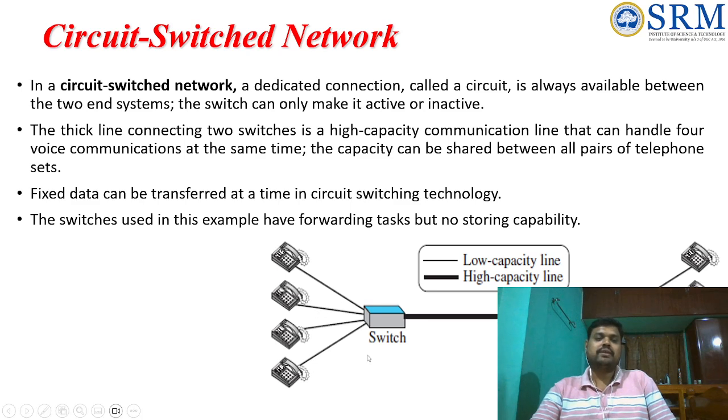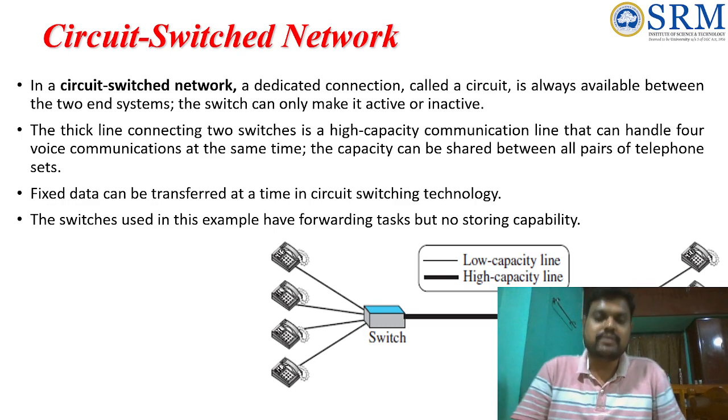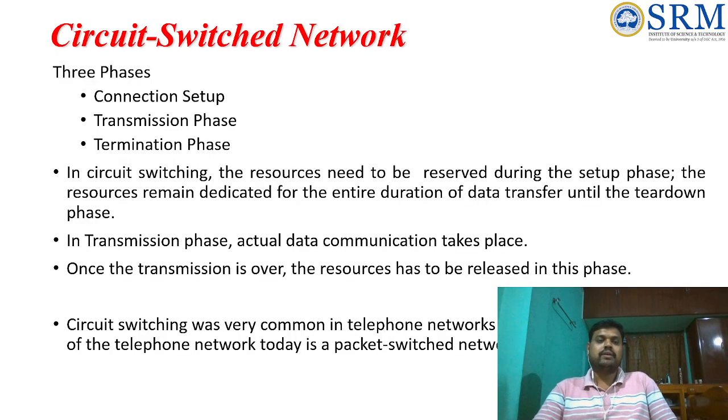The thick line connecting the two switches is a high capacity line that handles the voice communication from one end to another end. It is fixed, we cannot change the data capacity of these lines, but it is able to transfer your data completely from one end to another end, right?